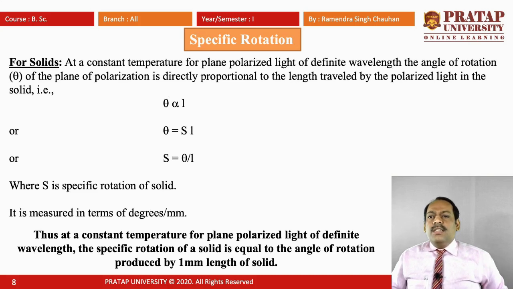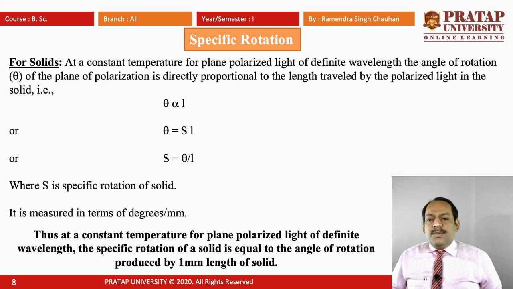For solids at a constant temperature, for plane polarized light of definite wavelength, the angle of rotation of the plane of polarization is directly proportional to the length travelled by the polarized light in the solid. So theta is proportional to L for solids, and theta is equal to SL, where S is specific rotation, so we get S equal to theta upon L.